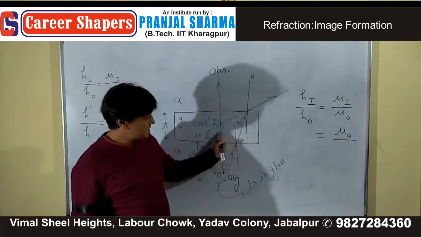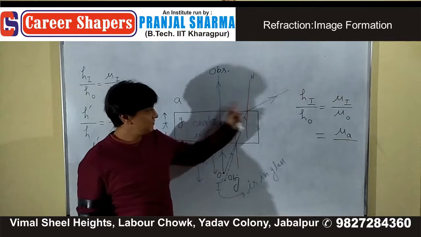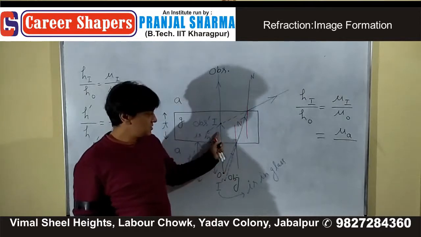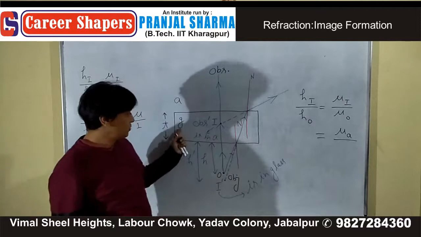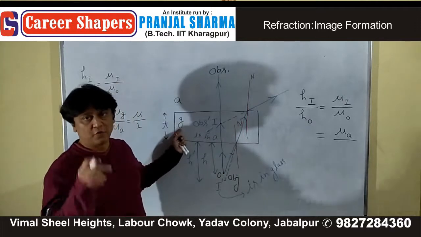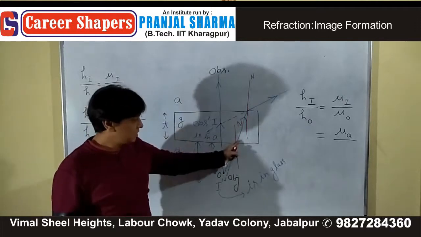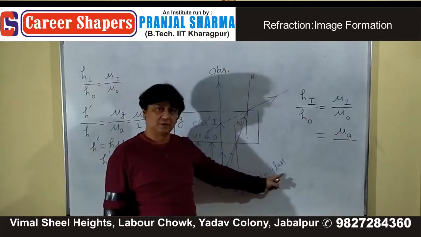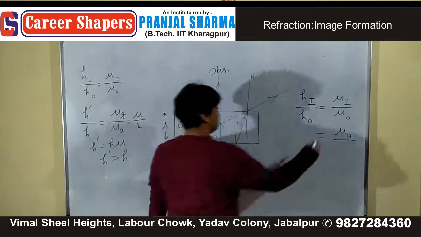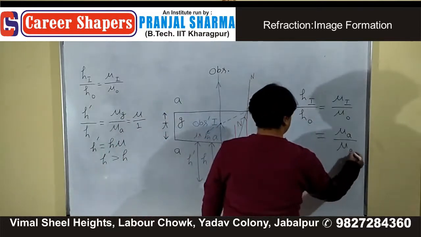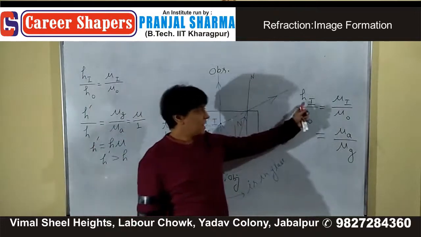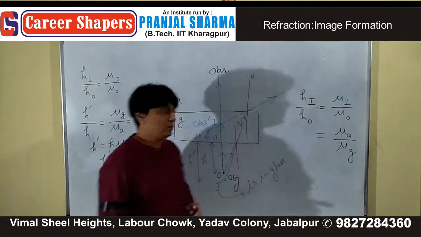Since these are incident rays, they lie in which medium? Glass, and therefore their intersection will take place in glass. Which means mu object is what? Mu glass.